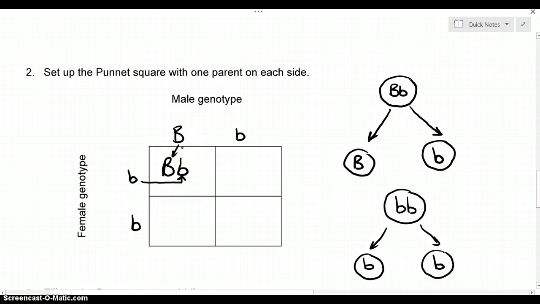Right. And if we do that for the next one, dominant allele from the male and the recessive allele from the female. If we go to the next column, we can see there is a recessive allele and another recessive allele, and if they pair up, we have two lowercase b's, and exactly the same will be for the other one also, the other square.